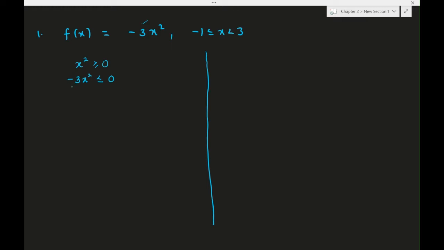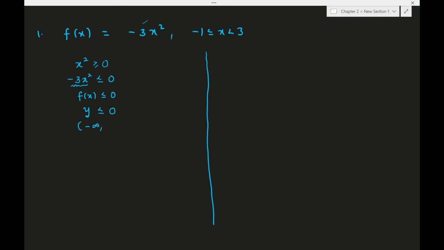But if you look at this, what have we done? We have created our function, which is f of x. So it means that f of x is less than or equal to 0. But what is f of x? f of x is y. So you say y is less than or equal to 0. Now, what is the meaning of y less than or equal to 0?